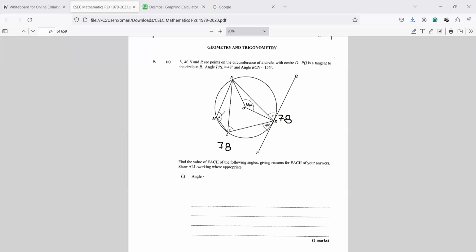And so if we want to find A, we first have to find this angle right here.